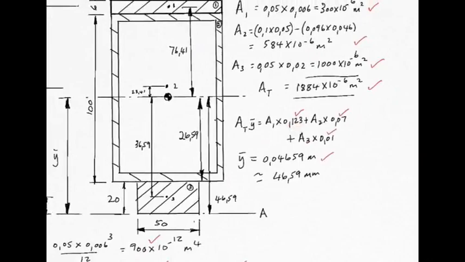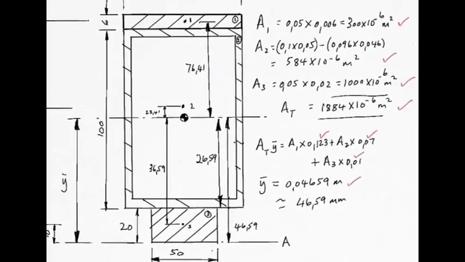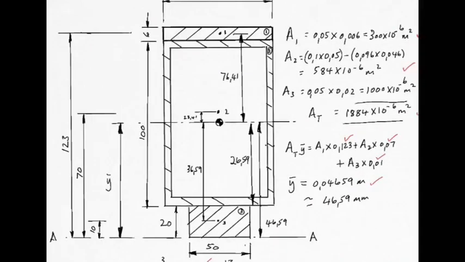Right, next one, number 2. How far is it from its centroid? Number 2 centroid is at its midpoint. From the midpoint of area 2 down to the reference edge is 70 millimeters: 20 plus half of 100, which is 50, and there you have the distance for number 2.